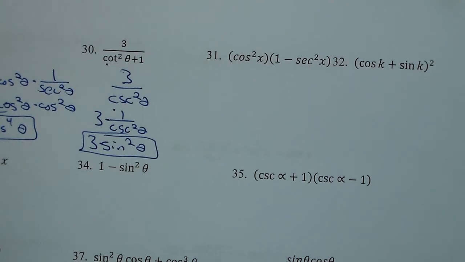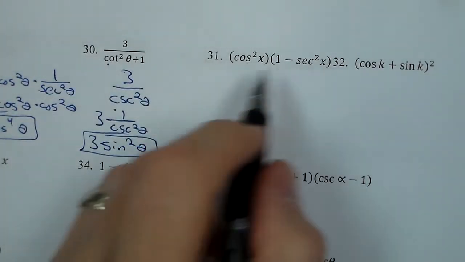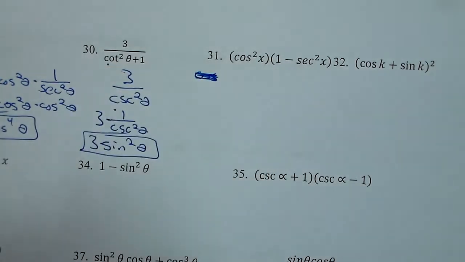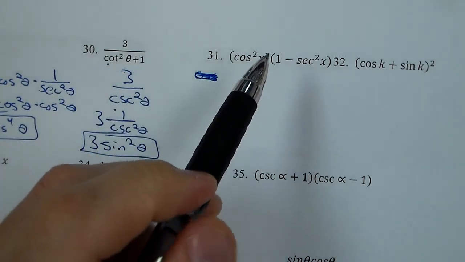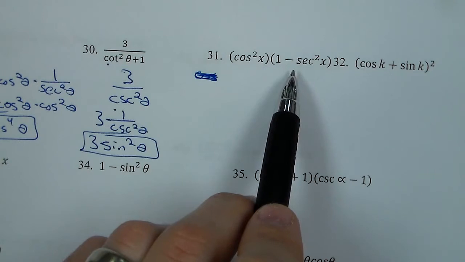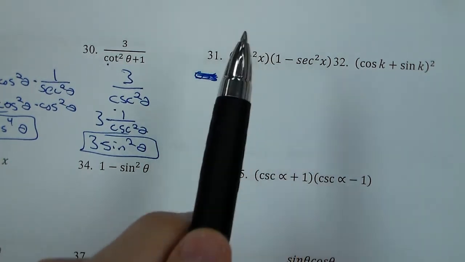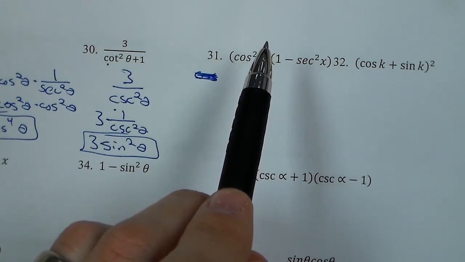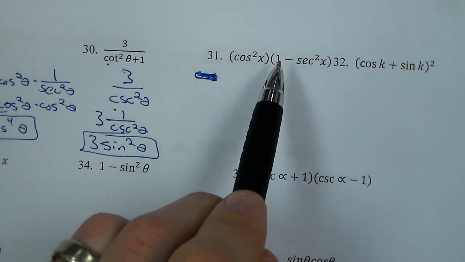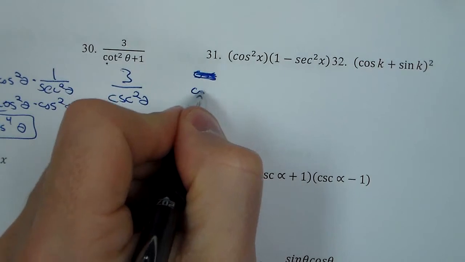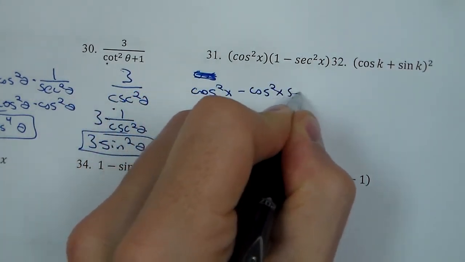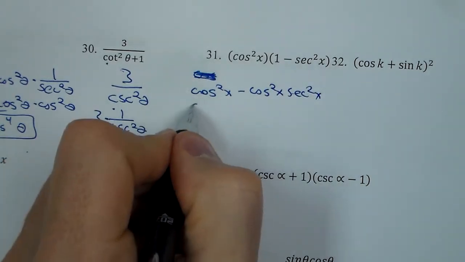Number 31, actually these two are kind of jammed together. We're going to multiply them to distribute in. Before we do that, let's look here. Secant squared theta, we could use the Pythagorean identity for that. But I'm going to go with distribute. So I'm going to go cosine squared x minus cosine squared x secant squared x.